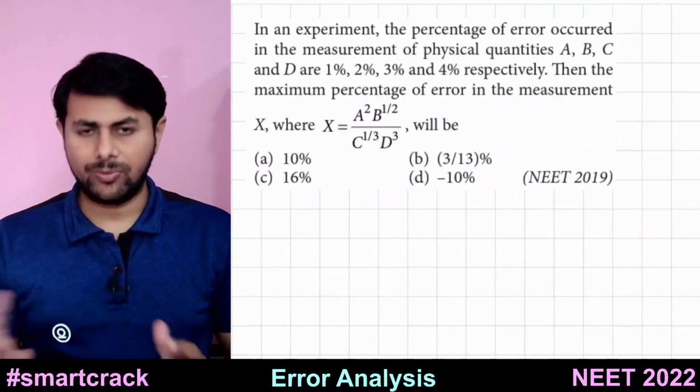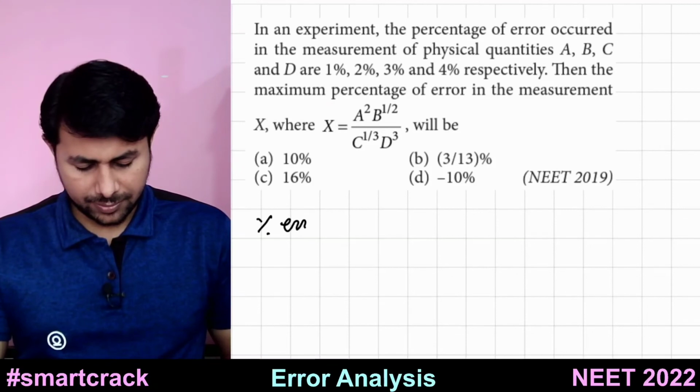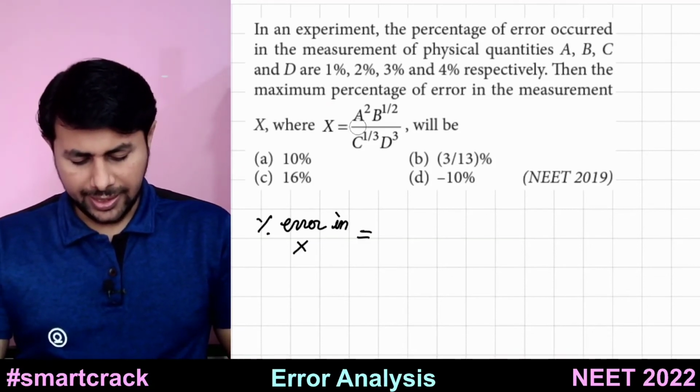Okay. Again, the formula for X is given. So percentage error in X will be equal to what? Because it is A raised to 2.